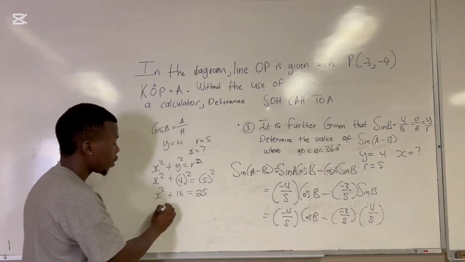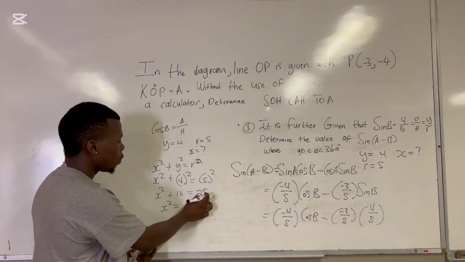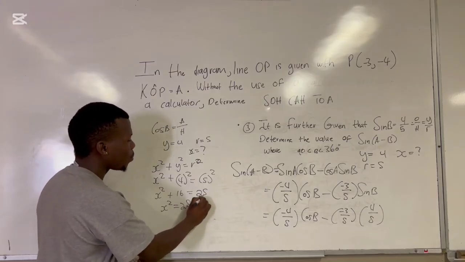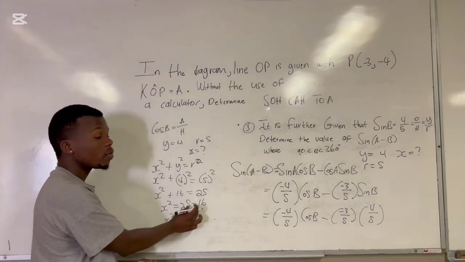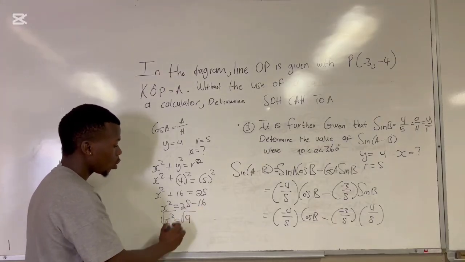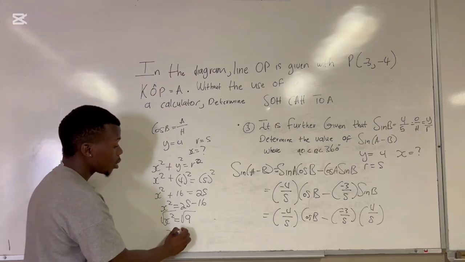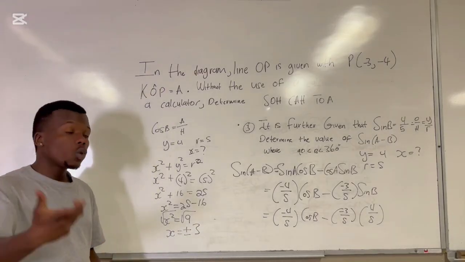In other words, I have x squared is equal to 25 minus 16, which is 9. Meaning I'm going to introduce square root both sides. This will be x is equal to plus or minus 3.